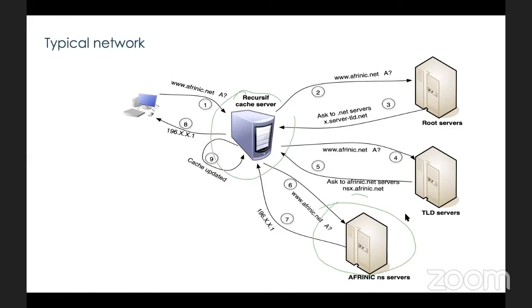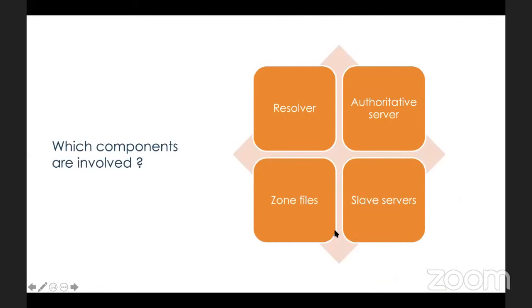And the last part will be related to the zone files, usually stored on one authoritative server. So which components are involved here? We have the resolver, authoritative servers, the zone files, and the slave servers.